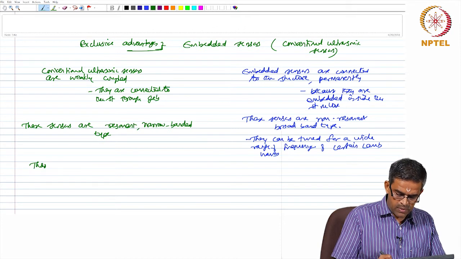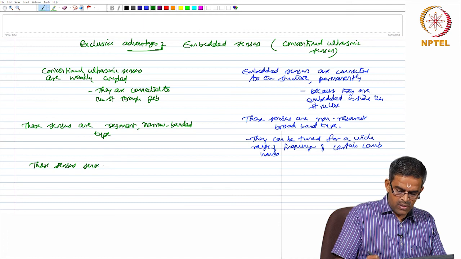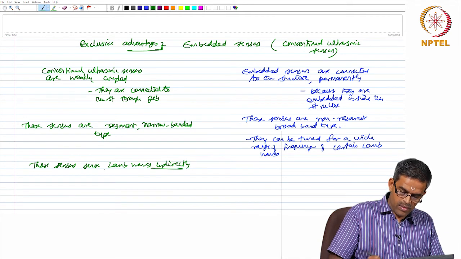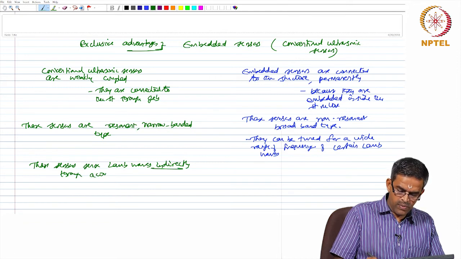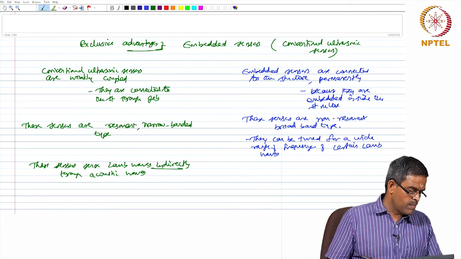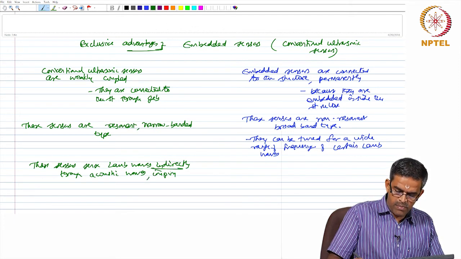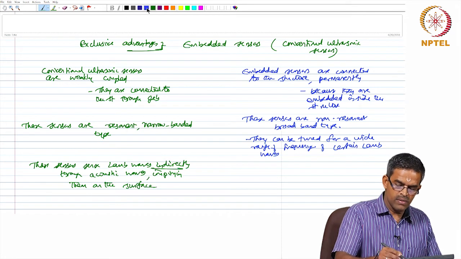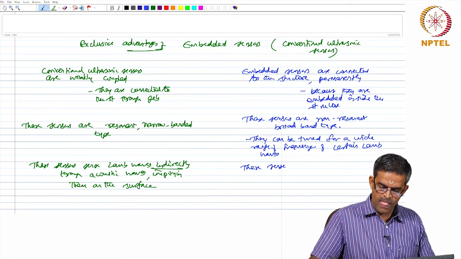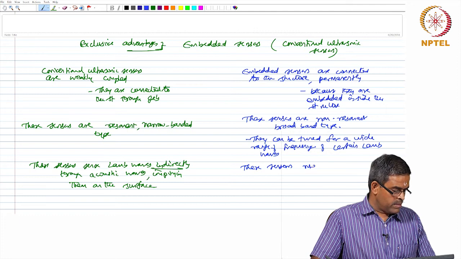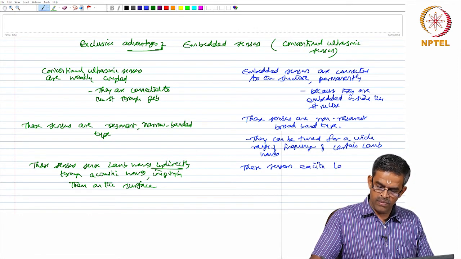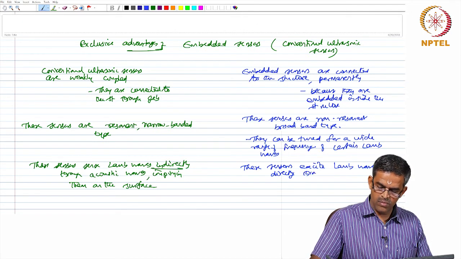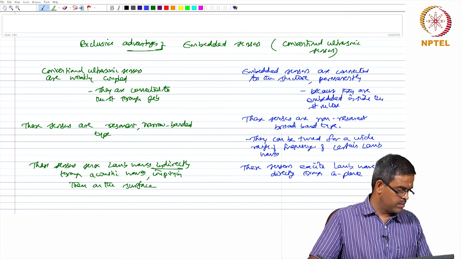Conventional sensors sense Lamb waves indirectly through acoustic waves, by impinging them on the surface, whereas these sensors excite Lamb waves directly through in-plane coupling.